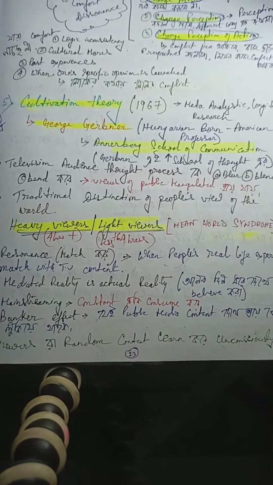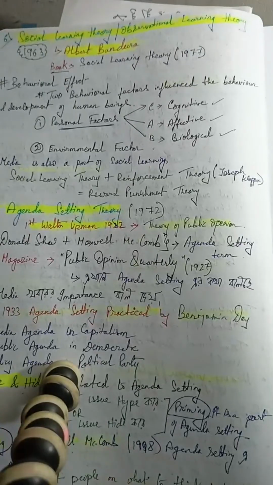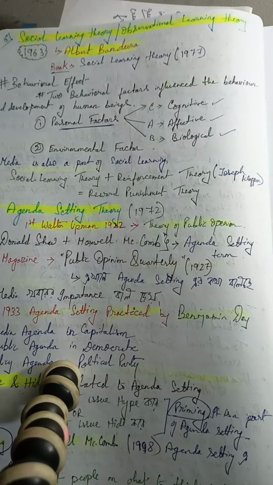Now we will be moving on to the next part, which is social learning theory. Social learning theory was given by Albert Bandura. The famous book came in 1977.